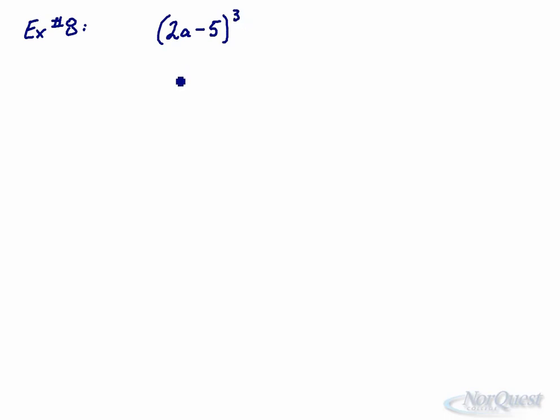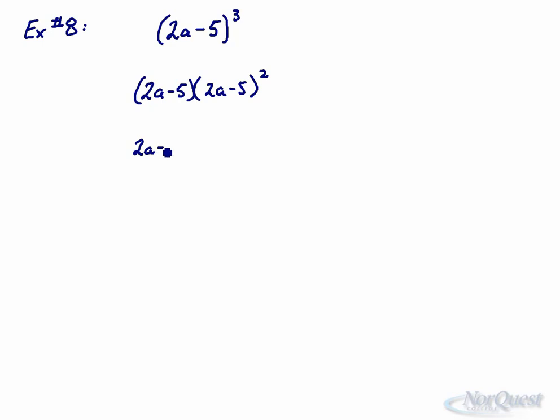Now the first thing we can do is turn this into something we've already worked with and write this as 2a minus 5 times 2a minus 5 squared. We have a shortcut way of expanding out a perfect square, and then we'll just distribute that binomial into it.